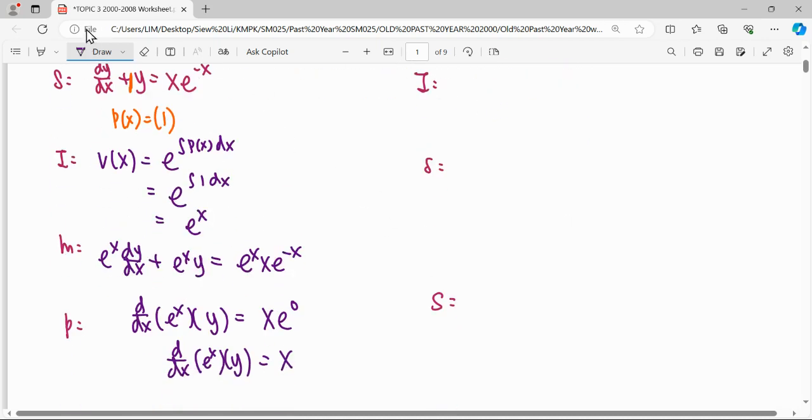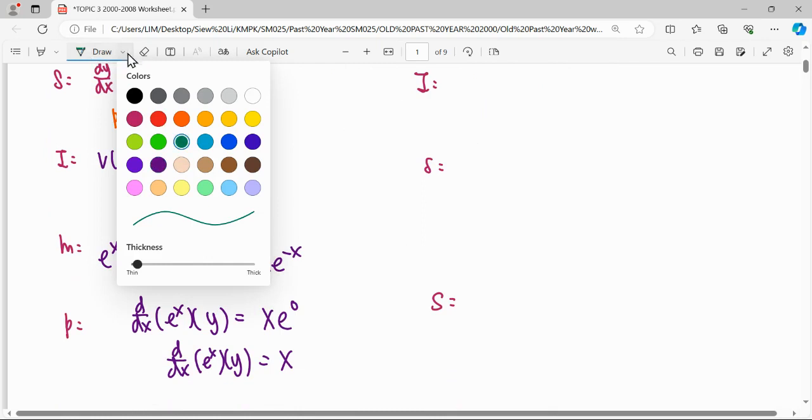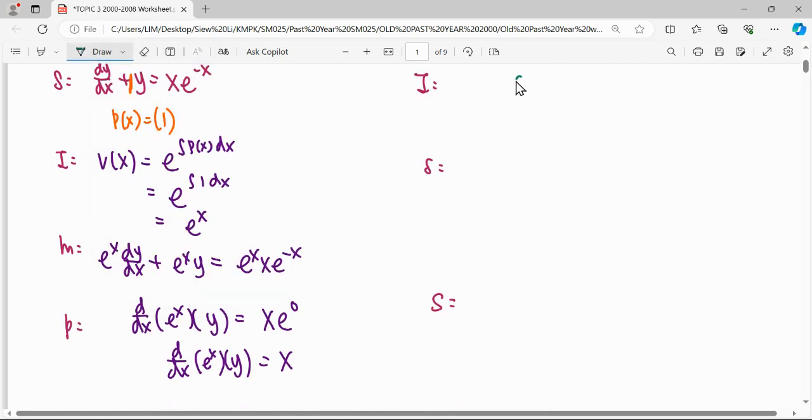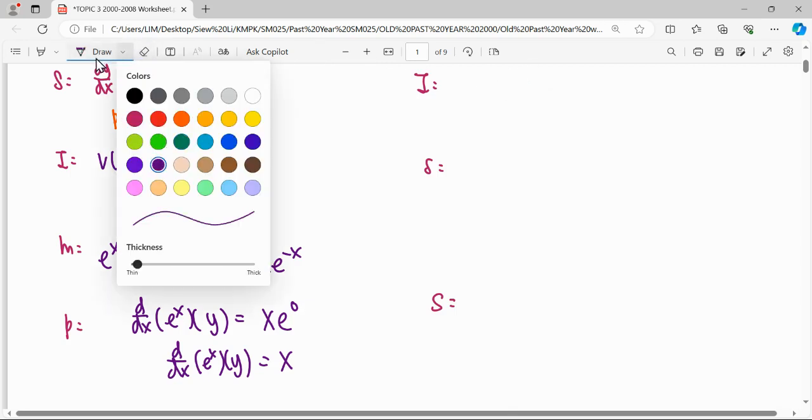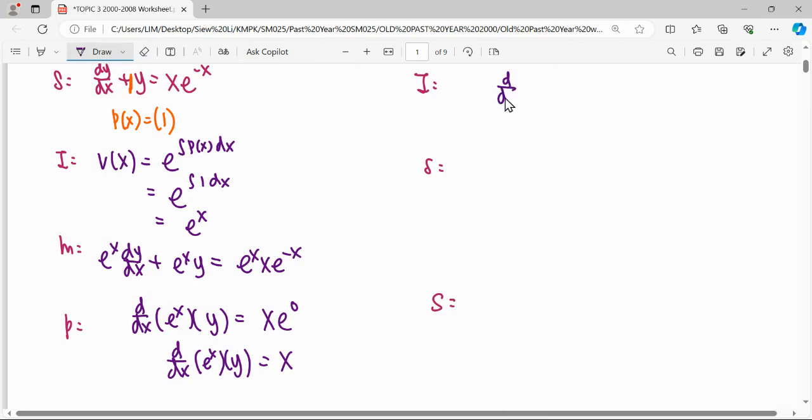Then we're going to integrate both sides. Integrate this with respect to x, for the left hand side and the right hand side, so that differentiation and integration cancel each other.